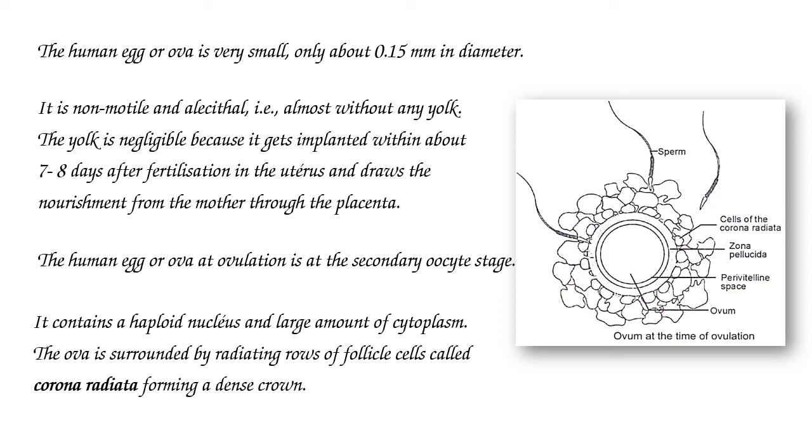Let's see this diagram here. So now first we need to go for the entire diameter of this ovum. So in this diagram, where is this ovum? So this innermost layer, the outer wall of this one, is the ovum.